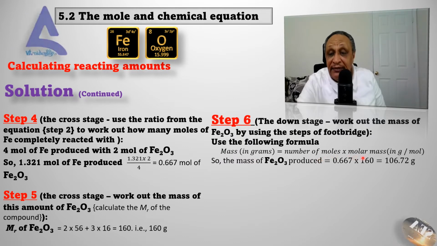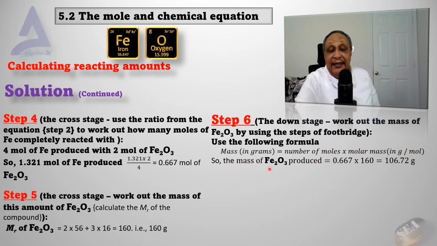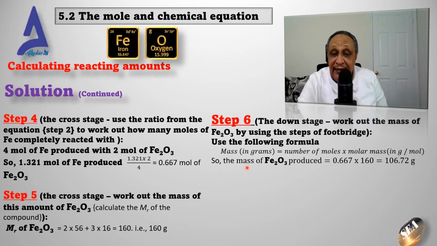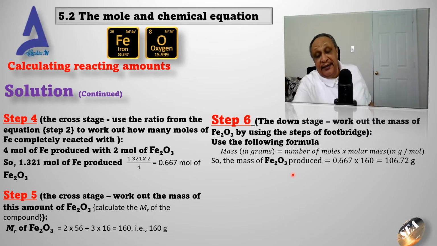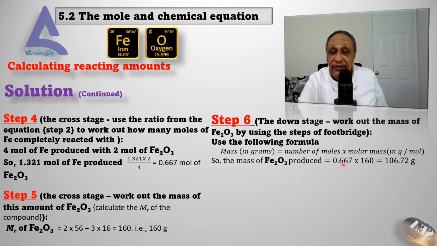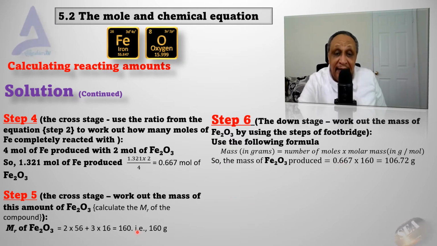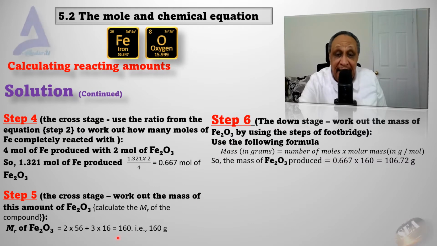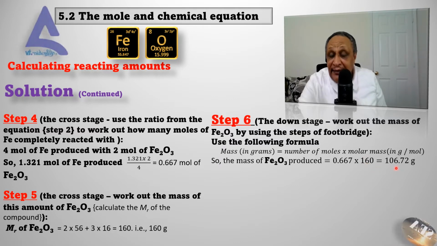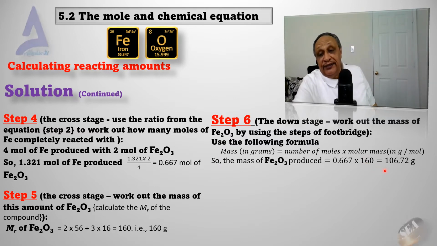Then I'm going to use the formula: mass in grams equals the number of moles multiplied by the molar mass. What I'm looking for is the mass of iron 3 oxide produced by this reaction, so I'm going to multiply this number of moles by the molecular mass, and this is going to be 106.72 grams.